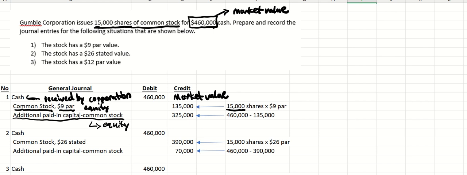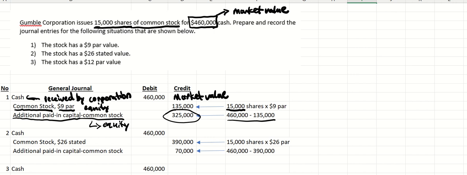Whenever you look at the balance sheet, you will see this account, additional paid in capital, underneath the equity section. So that difference of $460,000 minus $135,000, which is $325,000, is also credited to an equity account called additional paid in capital common stock. You may see it abbreviated as APIC, which is additional paid in capital. Okay. So we're balanced. We're good to go.